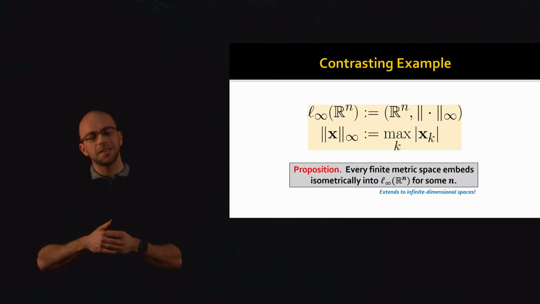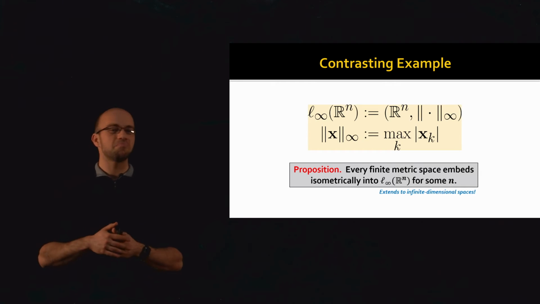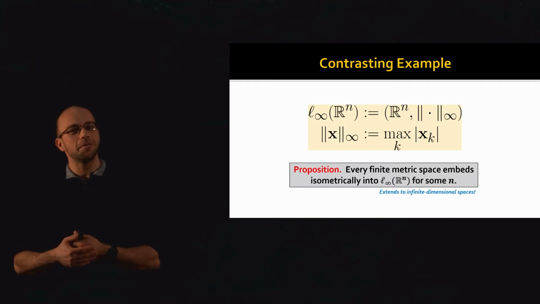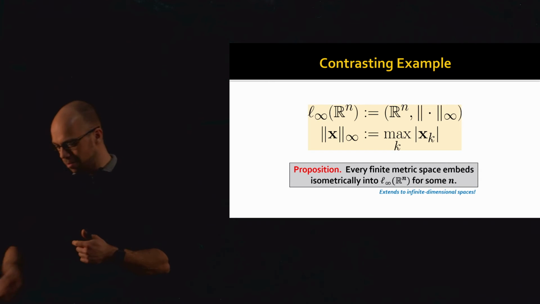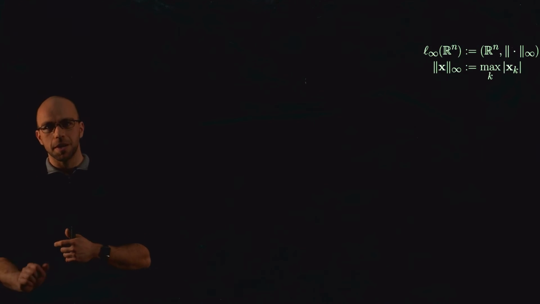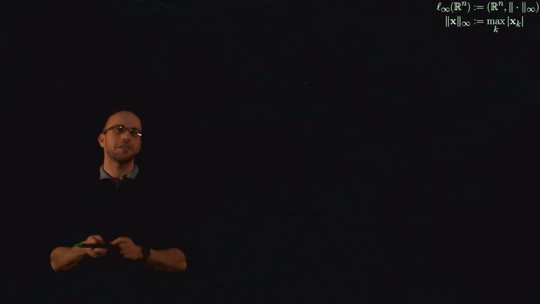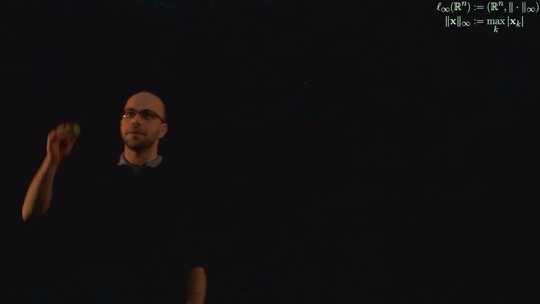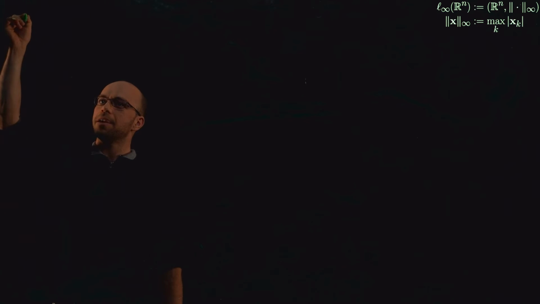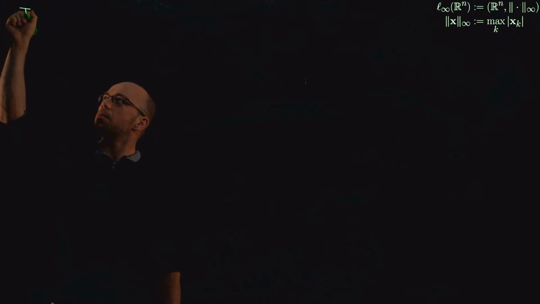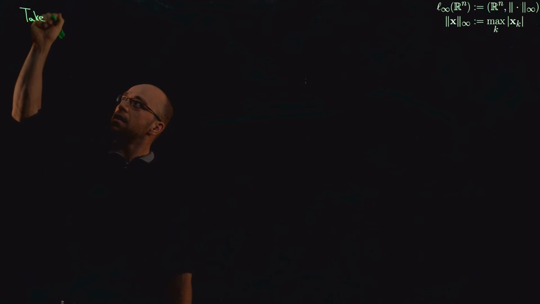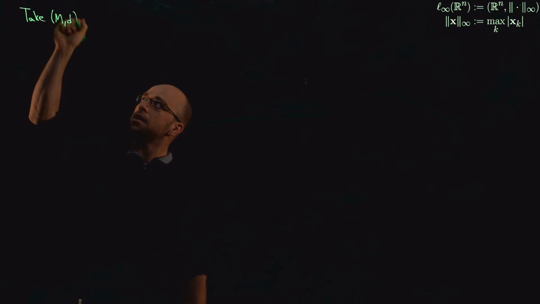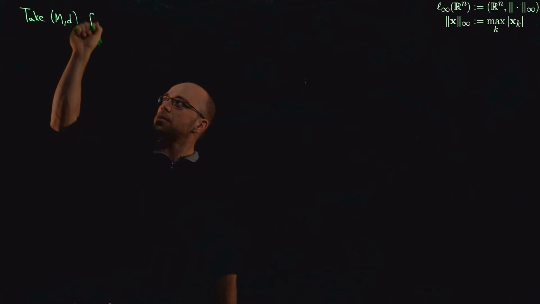So let's actually work out this example pretty much explicitly. The way we can prove this proposition is just a proof by construction. Okay, so let's move our statement into the corner here, or at least some useful equations. So here's going to be our proof. It's pretty straightforward. So the first thing we've got to do is just write down what we're working with. So let's take (M, d) to be a finite metric space.